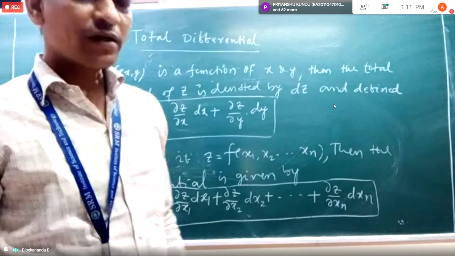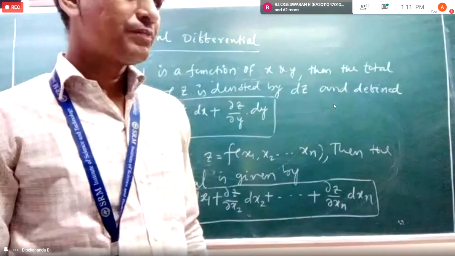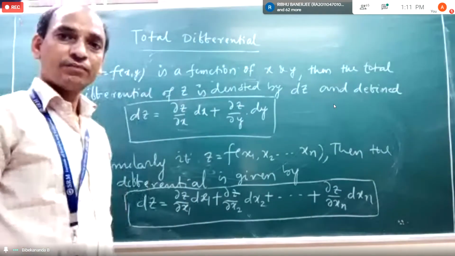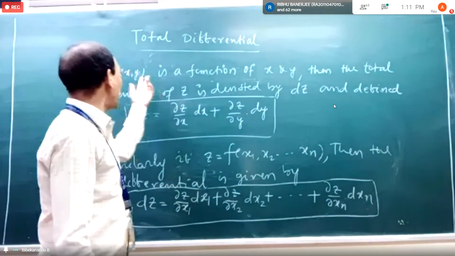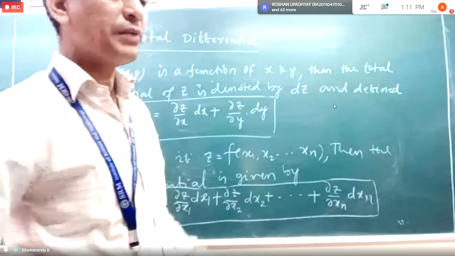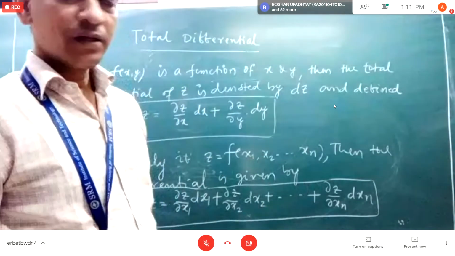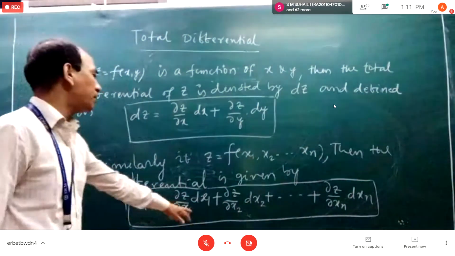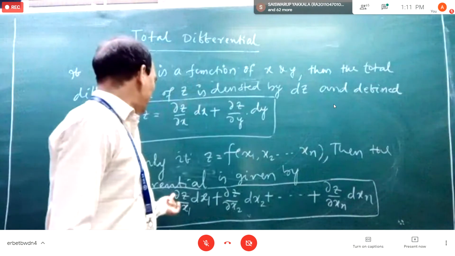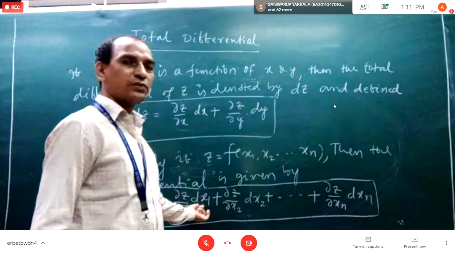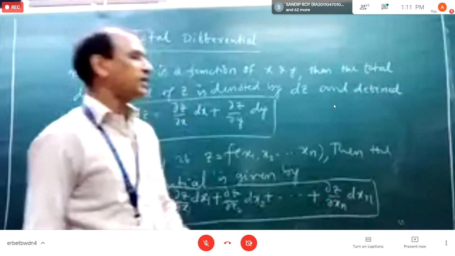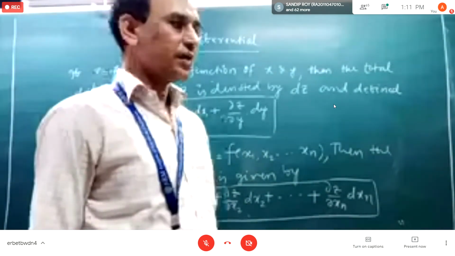Now everybody got it? Yes, sir. The number of independent variables may be n. So the total differential will be nothing but the sum of these terms: dou z by dou x1 into dx1 plus dou z by dou x2 into dx2 plus dou z by dou xn into dxn.